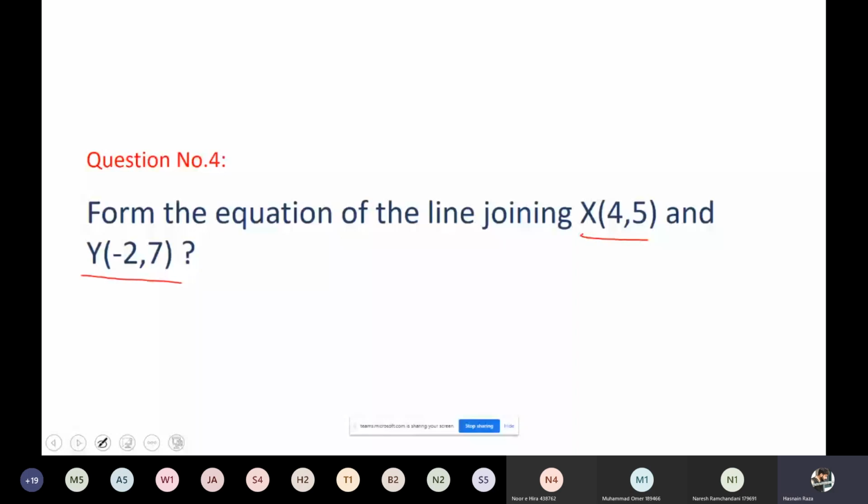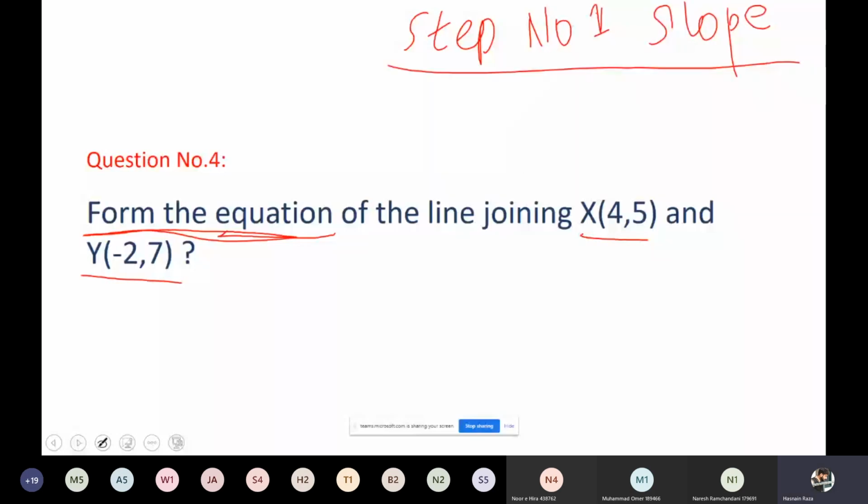Whenever we are given a question that asks you to form the equation, we have to follow the steps. Step number 1 asks us to find the slope of the line. And we know that the formula for the slope is m equals y2 minus y1 upon x2 minus x1.